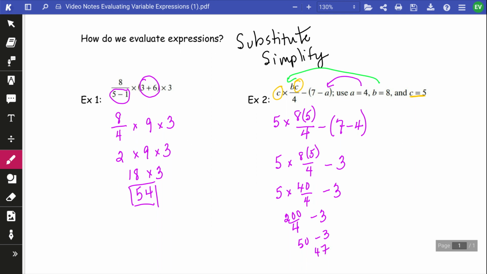Okay. We can also do 5 times 40 divided by 4 is 10, and then 50 minus 3, which is 47. So if you have multiplication and division one right after the other, sometimes you can do them at the same time. Okay, so there you go. Order of operations, and then evaluating expressions.